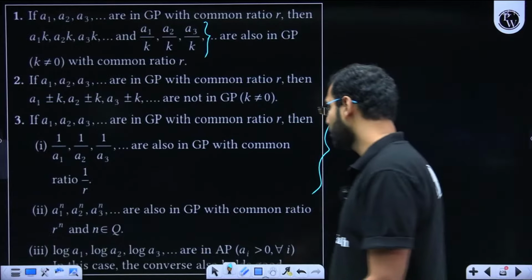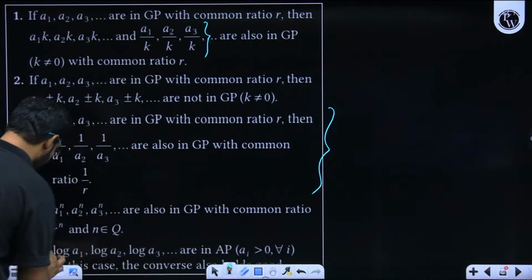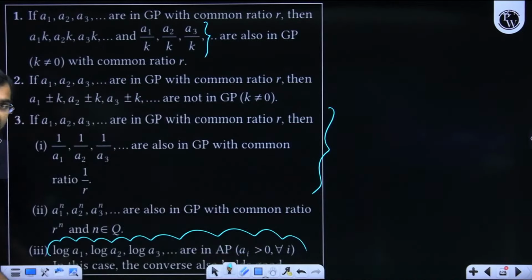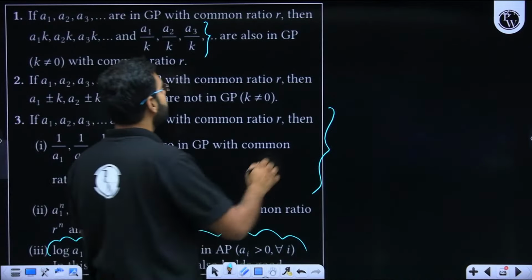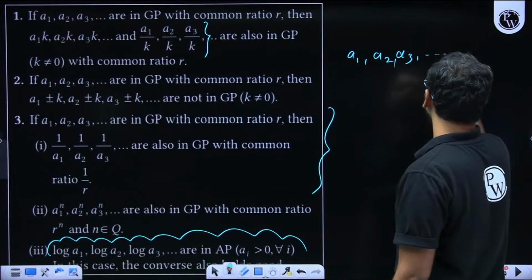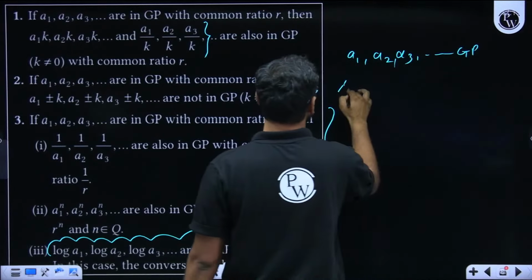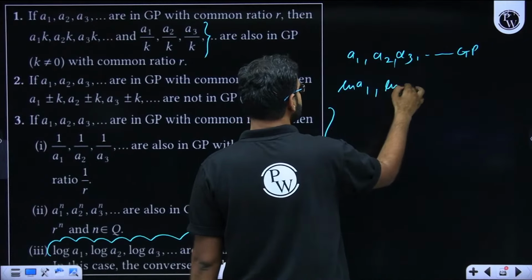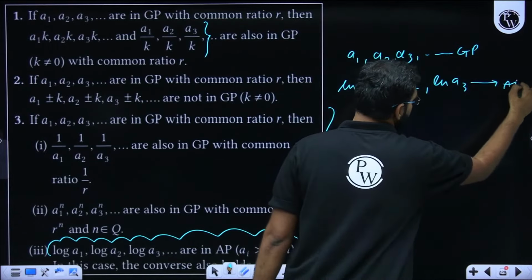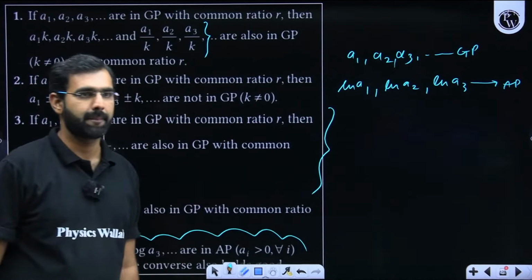Something very important and crucial here is that if A1, A2, A3, and so on are in GP, then if you take their logarithm at any base, they will form an AP.